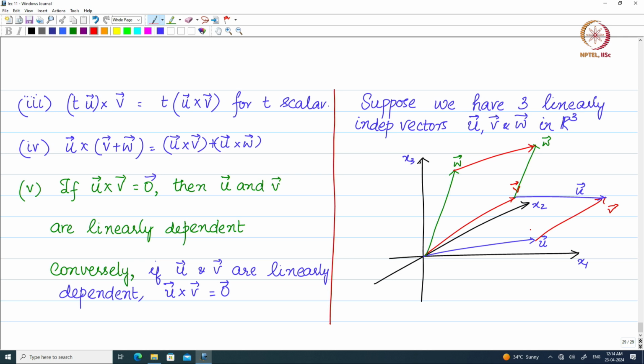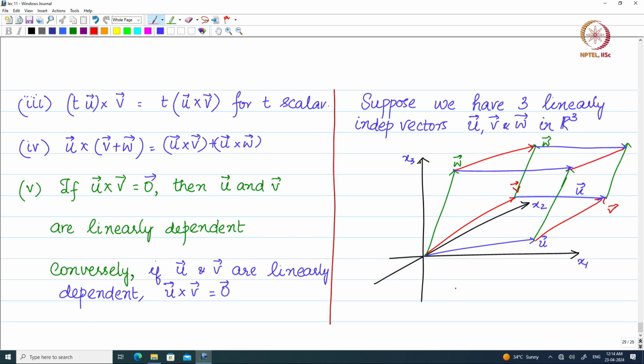Then I have the w vector here, and that is my u vector, and we see that a parallelepiped is formed.